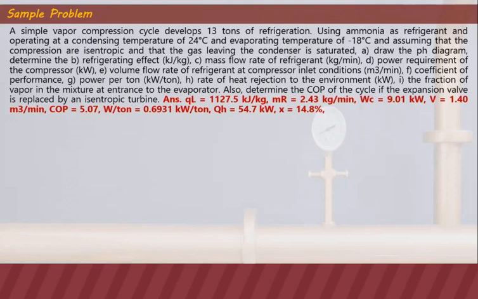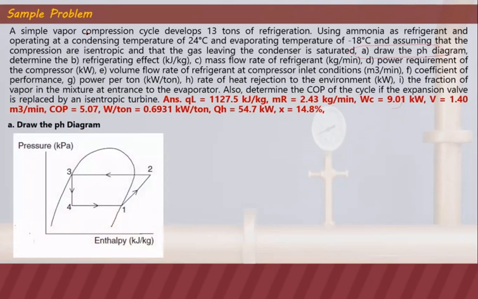The first question is for us to draw the pH diagram. So the pH diagram looks like this. We have the pressure on the y-axis and then the enthalpy on the x-axis.